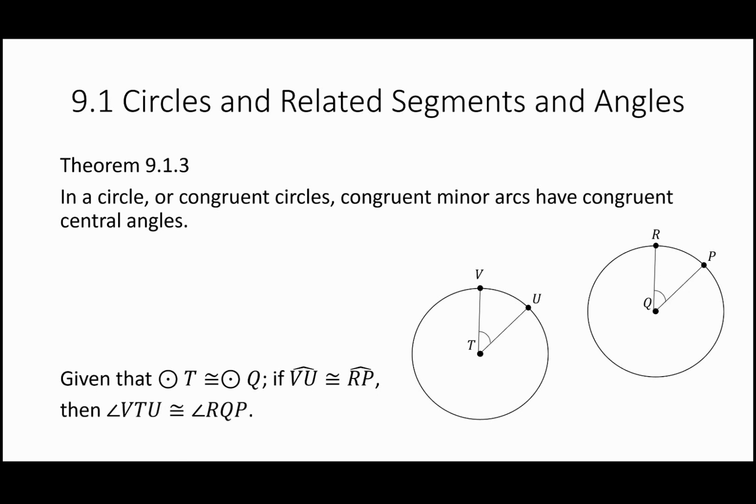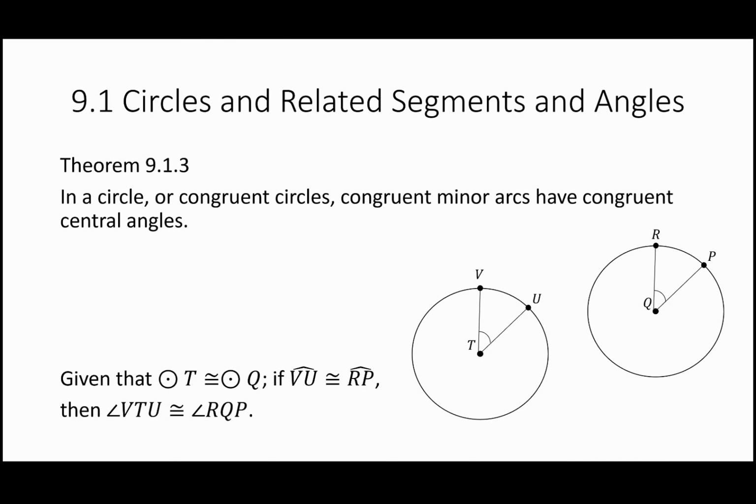If they're congruent, then that means the central angle, angle VTU, has to be congruent to angle RQP, because there's a relationship between intercepted arcs and central angles. So if the intercepted arcs between two congruent circles are congruent, then so must be the two central angles. Okay, cool.